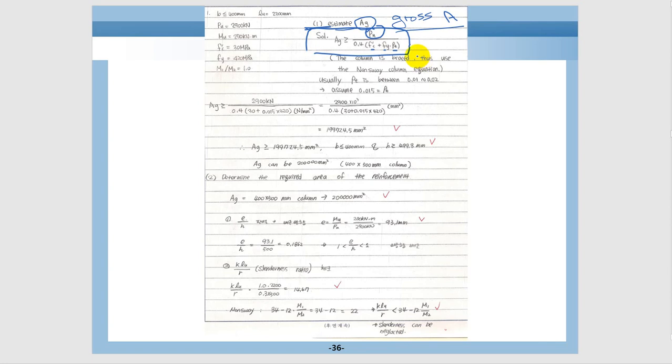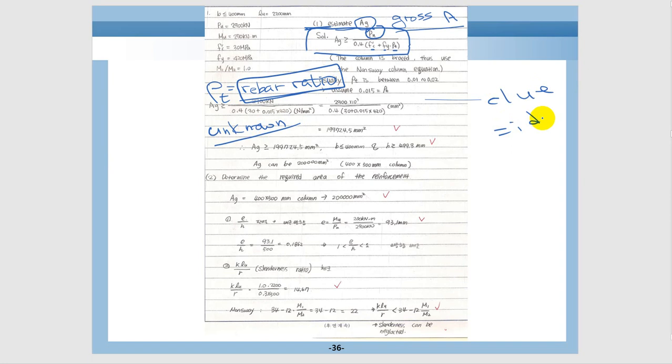What's rho T? Rho T is rebar ratio. So rebar ratio is unknown, isn't it? We don't know that. But we have a clue about rebar ratio.